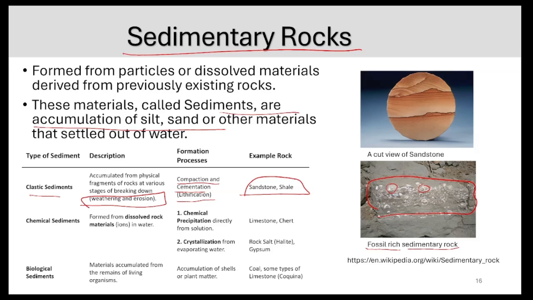And then we have chemical sediments. These sedimentary rocks form when minerals precipitate out of a solution, like the lithium we got from brine solution.